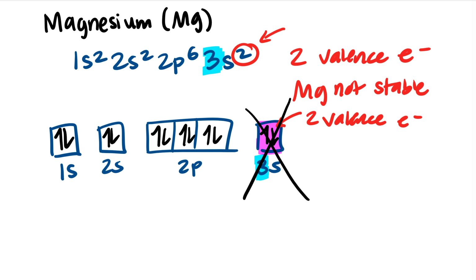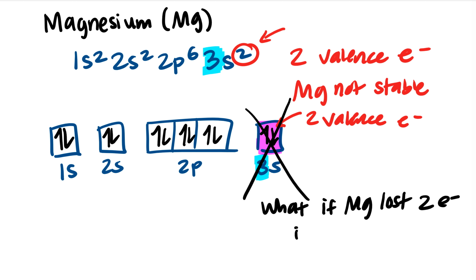Let's lose. What happens if Mg loses those 2 electrons in 3s? So imagine that 3s is not there. Guys, what's left over? If 3s isn't there, then look here. Energy level now.